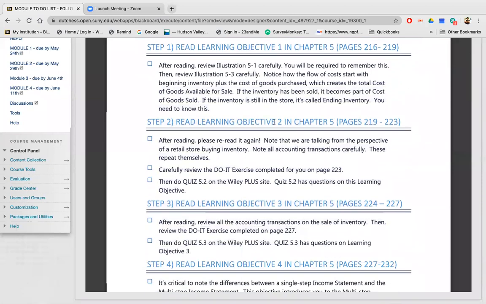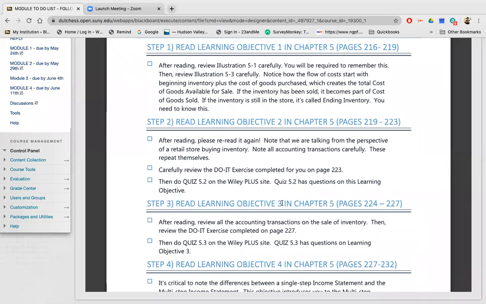Learning Objective 2 and Learning Objective 3 are based on the exact same invoice. Again, this is based on business-to-business transactions. One business might have inventory, maybe they've created it because they're a manufacturer, and they sell it to another business. So business-to-business transactions are very, very common.